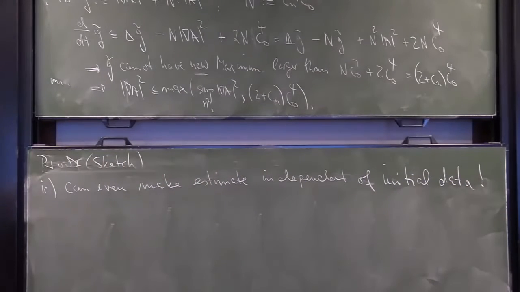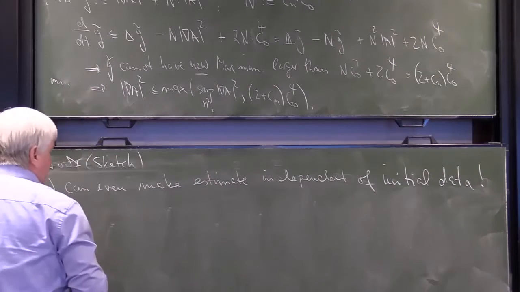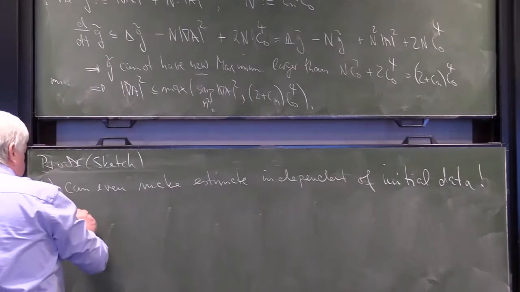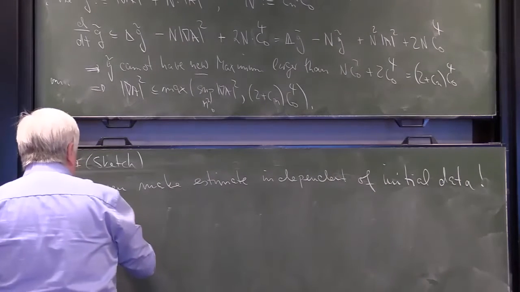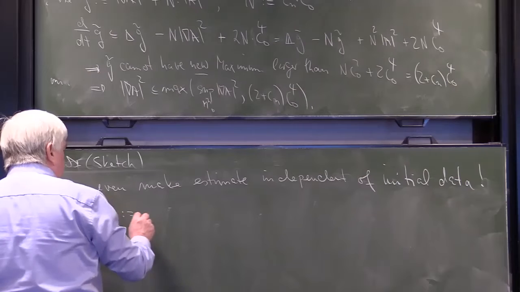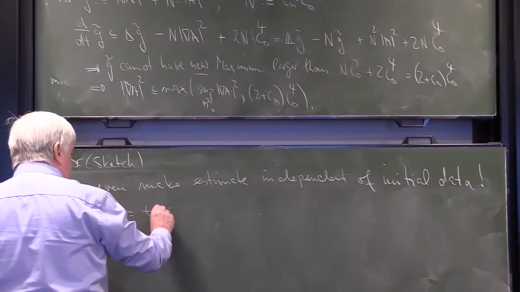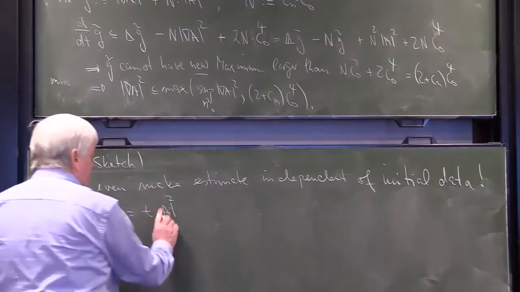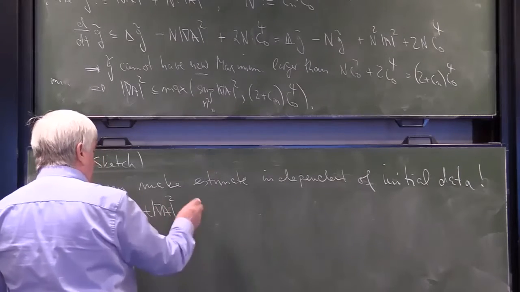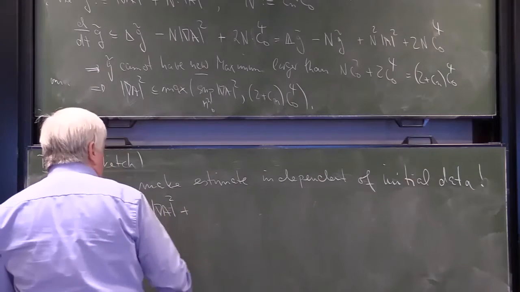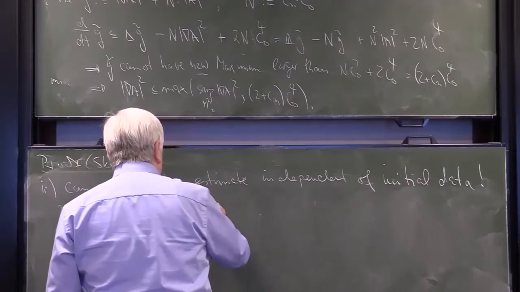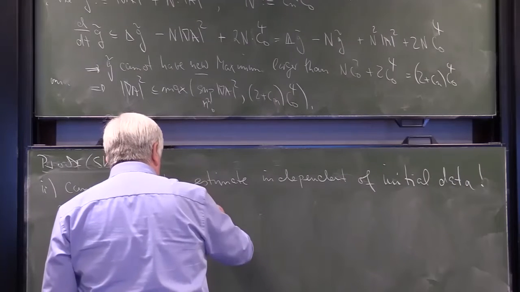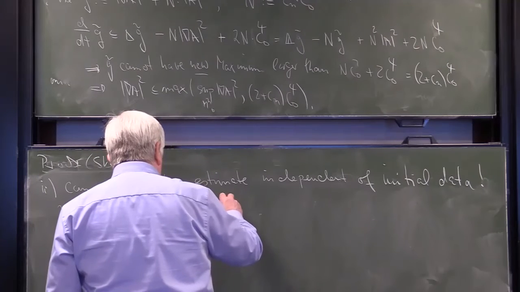Namely, you can take this trick that we just used, use a function like g hat to be t times gradient A squared plus some number m times L times A squared.